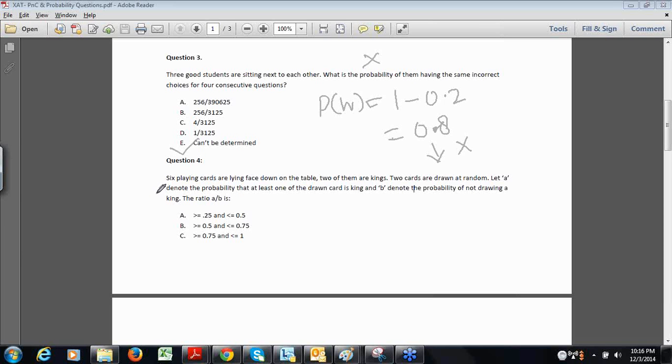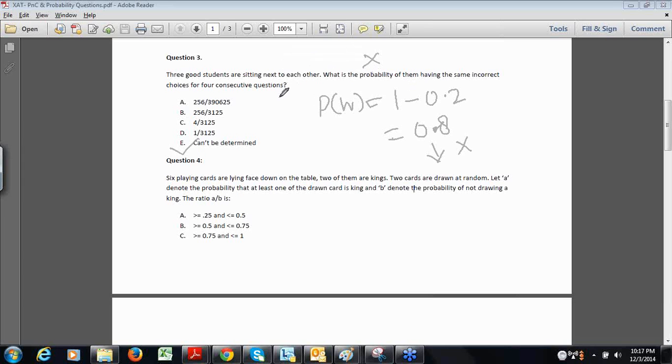Everybody got it or still has a problem? Okay, Pawan, let me explain once again. What it is asking: 3 good students are sitting next to each other. What is the probability of them having the same incorrect choices for 4 consecutive questions?